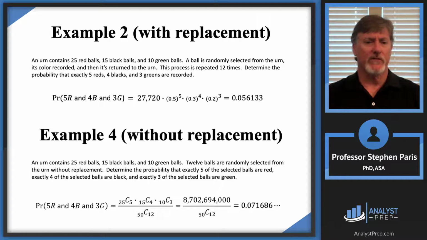You can see these were our answers from examples 2 and 4, and the 27,720 came from the count in example 1, and the 8.7 billion number that I have highlighted in red at the bottom is the number of ways that the event could occur, which is what we did in example 3.